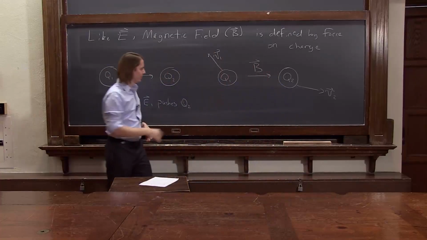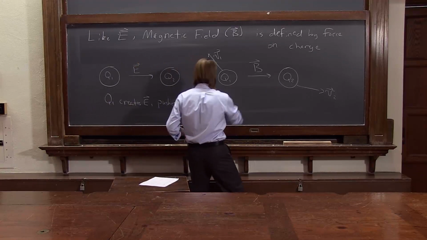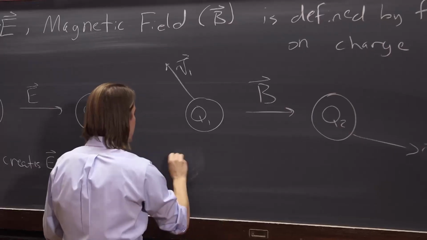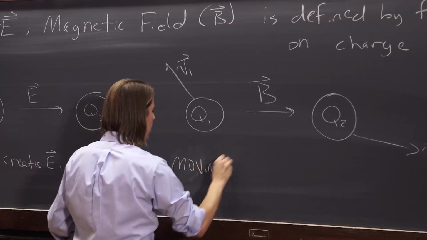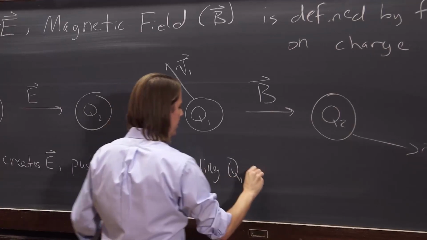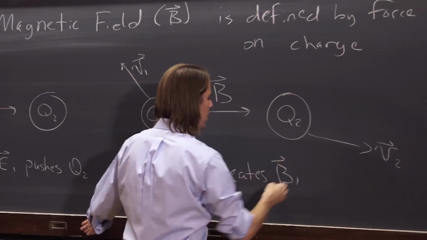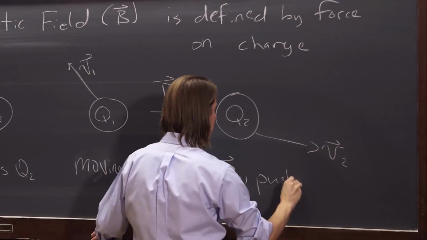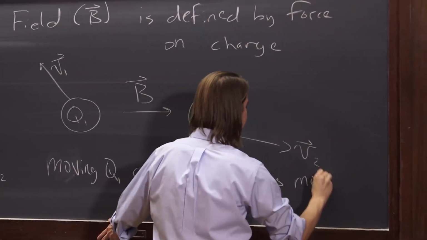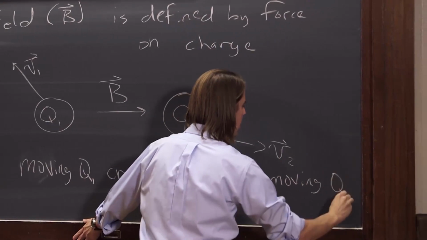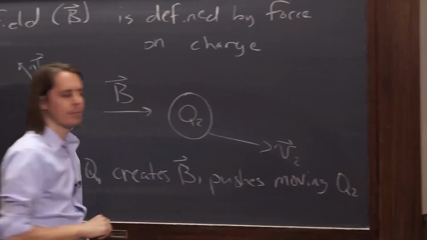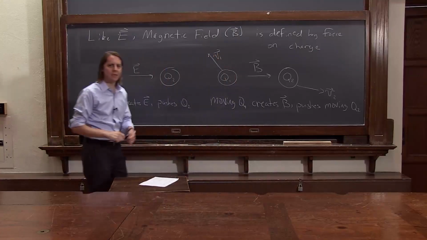Things have to be moving. Okay, so a moving Q1 creates B, and it pushes a moving Q2.